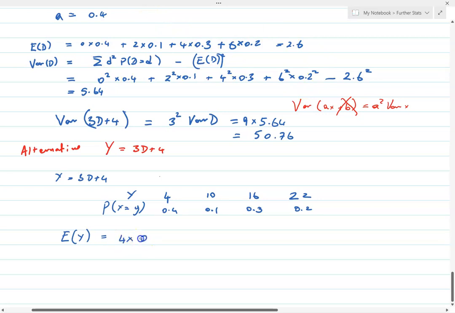So it's 4 times 0.4 plus 10 times 0.1 plus 16 times 0.3 plus 22 times 0.2, which will be equal to 11.8, which itself we can see is equal to 2.6 times 3 plus 4.